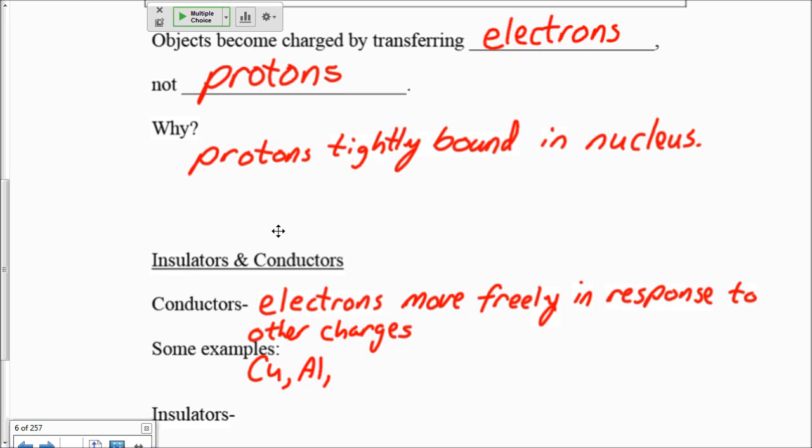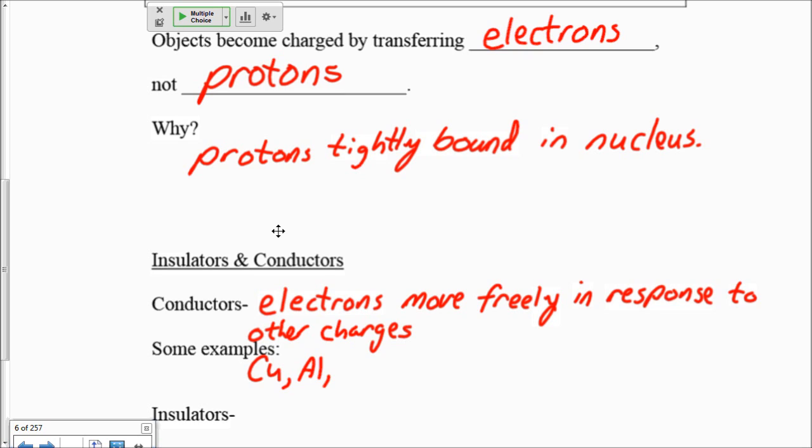Any other metals that are excellent conductors? What's that? Gold is a very excellent conductor. Anybody do stereo stuff in their car? Yeah, so what do you use on the terminals? I know my cable is that gold color.